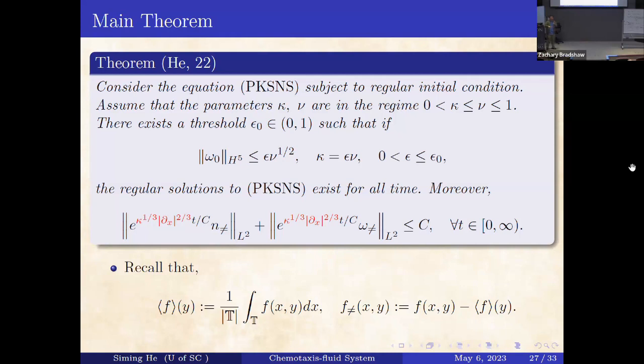That's the main result. I didn't put any constraint on the L1 norm of n, so the L1 norm can be as large as you want. If you don't have any fluid flow, the solution can blow up in finite time, but thanks to this Couette flow mechanism, it can stabilize the dynamics.